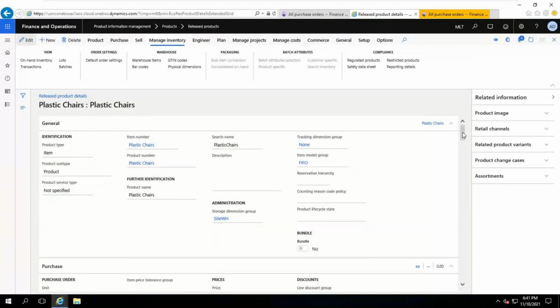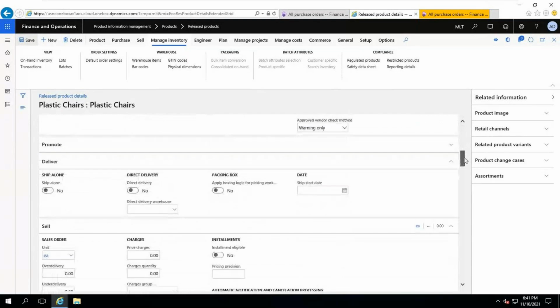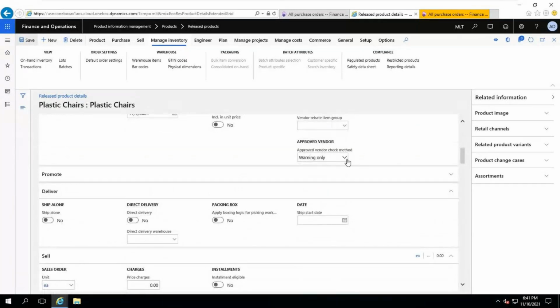So we have three types. Look at this one, the approved vendor check method. One is no check, another is not allowed, and the third is warning only. No check means I can purchase this material from any vendor. I don't have any restrictions.